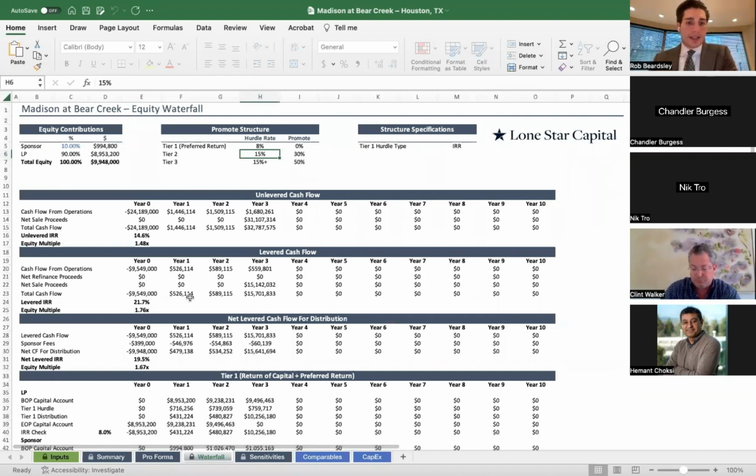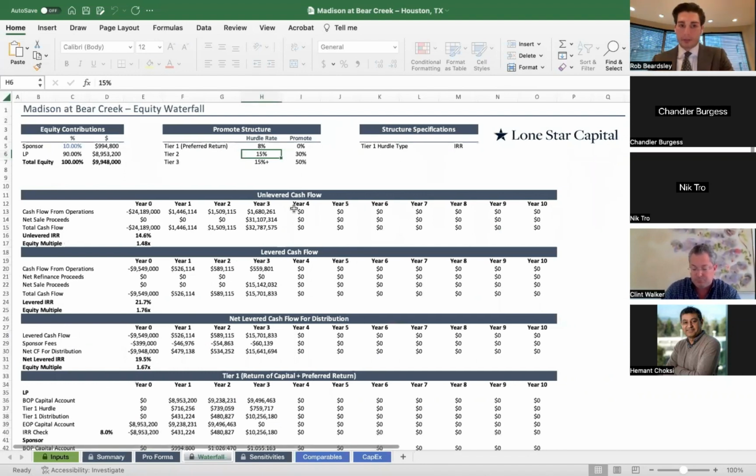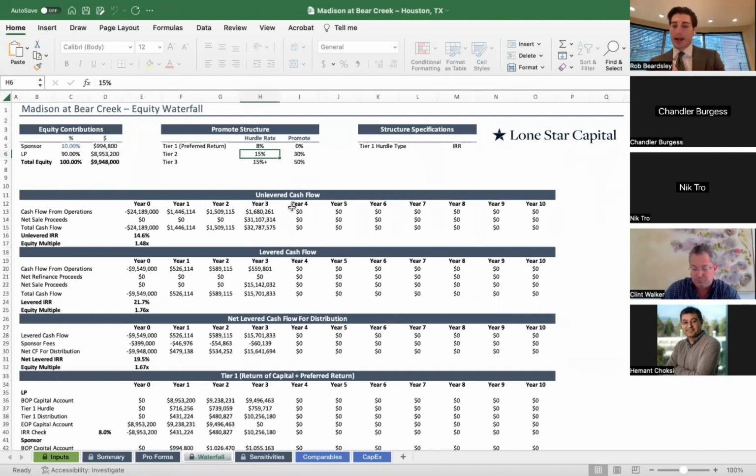So here's the waterfall, which actually dictates how distributions are prioritized and made throughout the partnership, right? And as we discussed, the preferred return is the priority hurdle number 1, and that is an 8% cumulative and compounding preferred return to investors before there's any subsequent distributions that are made in the waterfall.